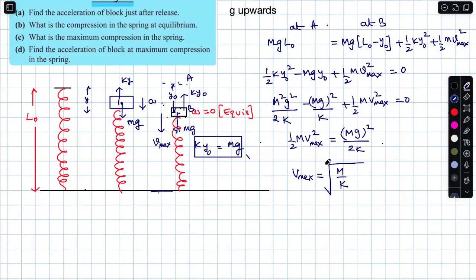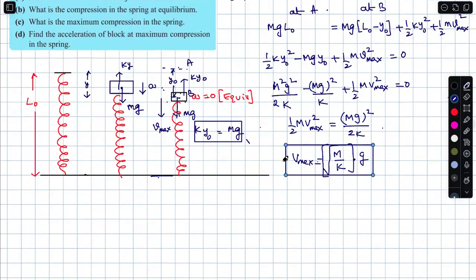Root m by k times g. That is V maximum. Writing is not clear. That is the expression for Vmax.